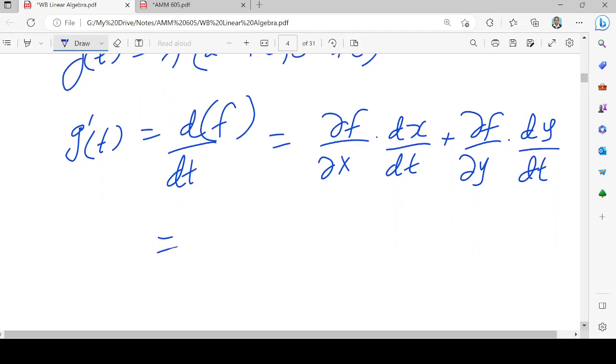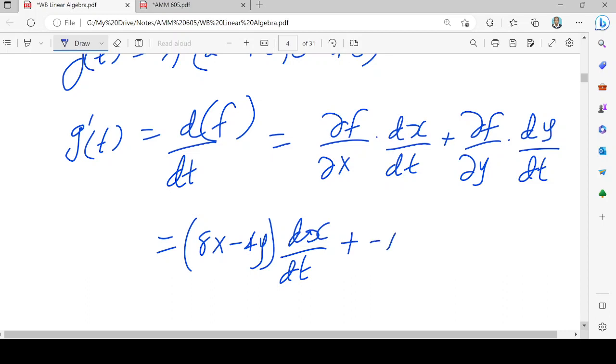Now, we had seen that the partial derivative of f with respect to x is 8x minus 4y. And the partial derivative of f with respect to y was minus 4x plus 4y. So those ones we can substitute.